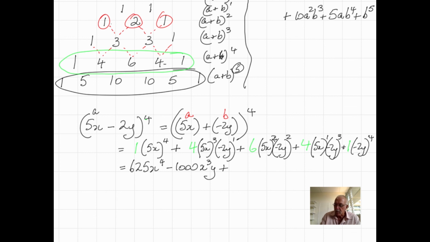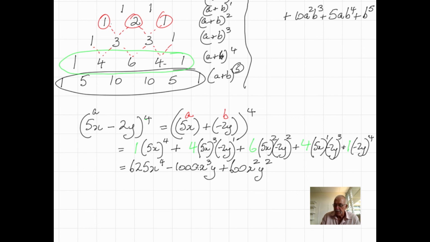We've got 5 squared 25 times, now this negative 2, when we square, it's going to be a positive 4. And so this term will certainly be a plus. So that'll be 4 times 25 is 100 times 6 is 600. And that'll be x squared and y squared.